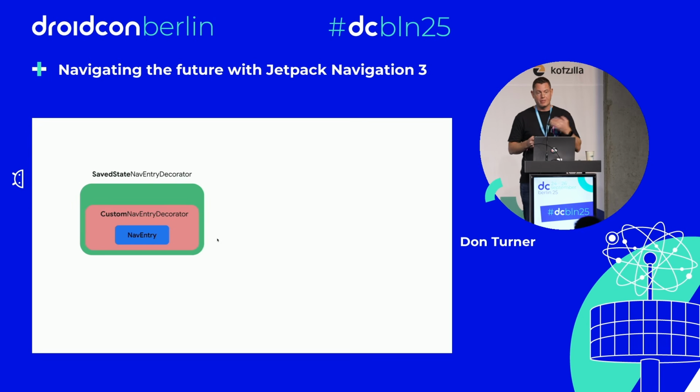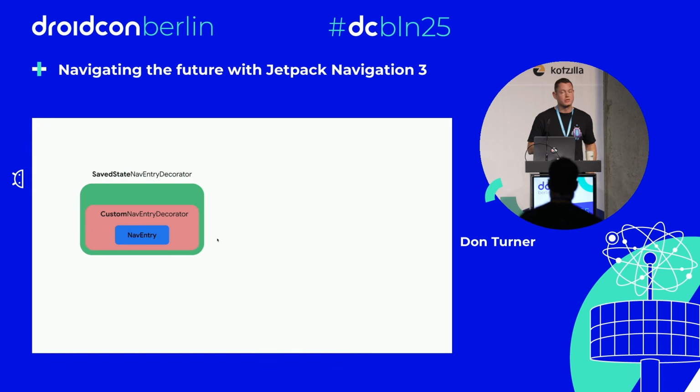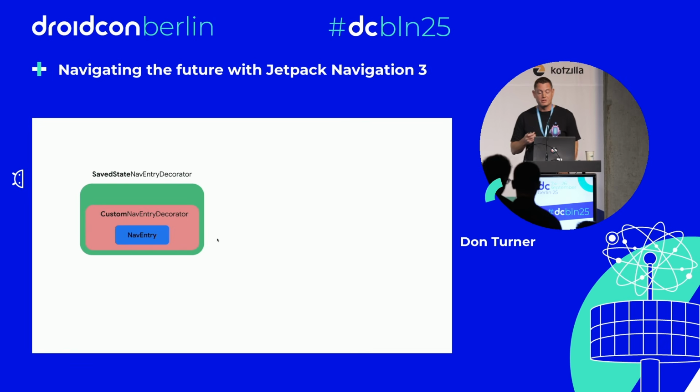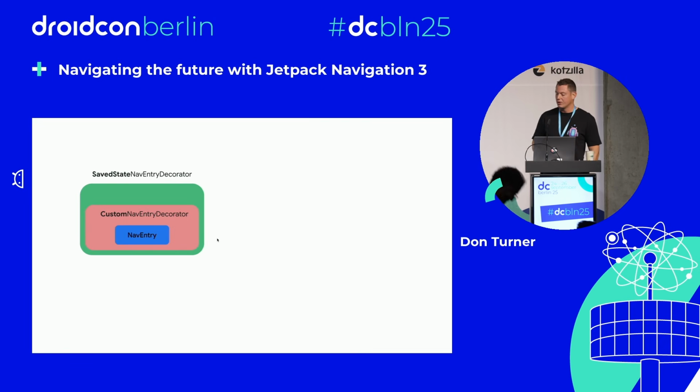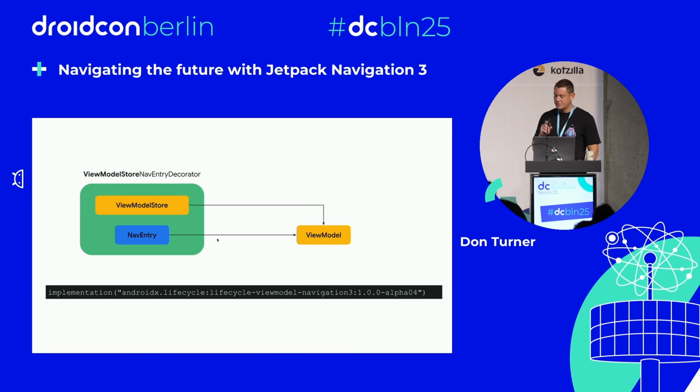So you can implement this API to create your own scoping functions. Whether that's decorating each entry with your own custom presenters, such as those provided by libraries like Molecule, or using view models. And speaking of view models, while Nav3 doesn't have any dependency on view models, we do provide a completely optional dependency in lifecycle view model navigation 3, which makes scoping view models to each individual entry a one-liner.